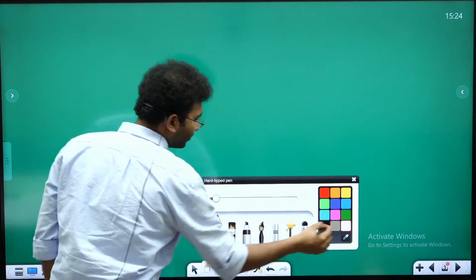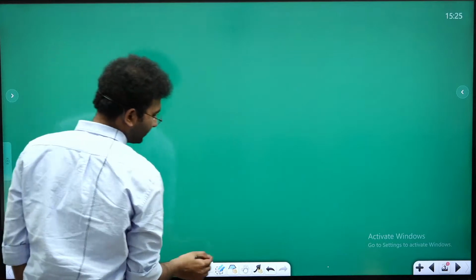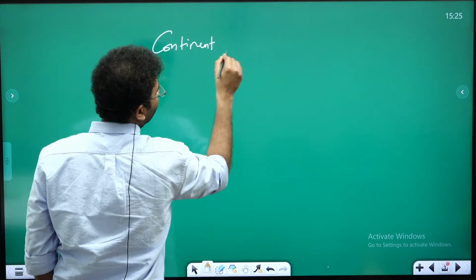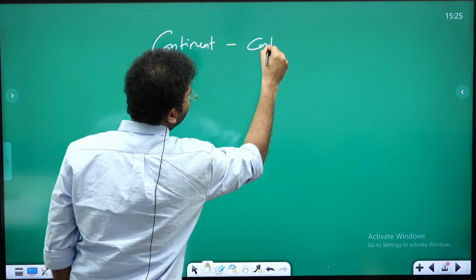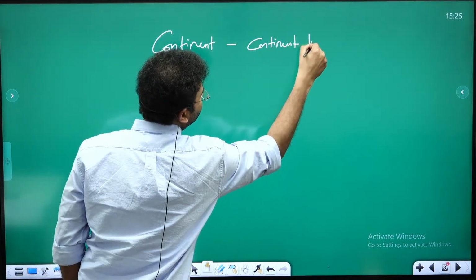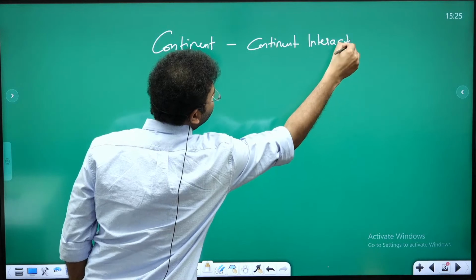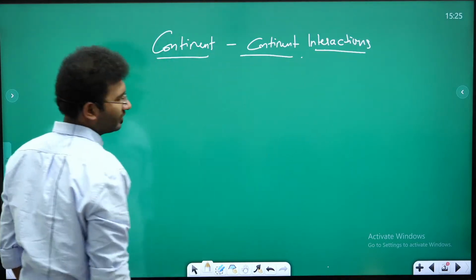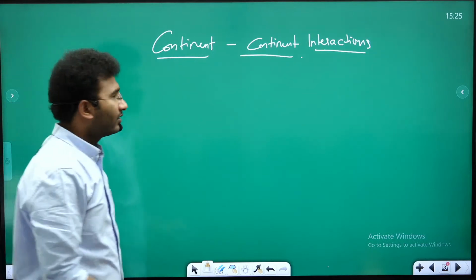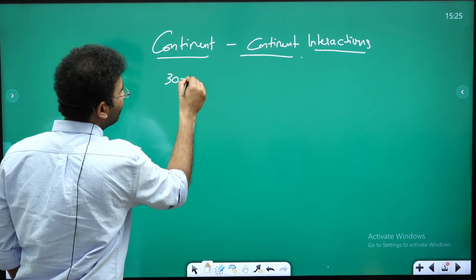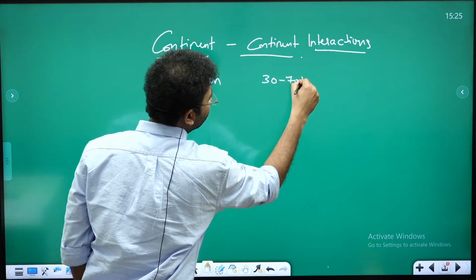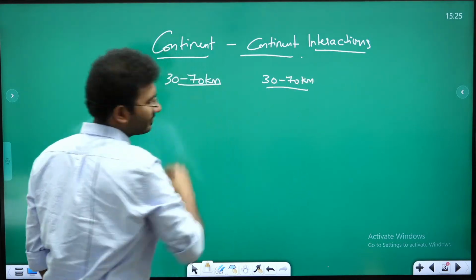Let's take the first one as continental-continental interaction, or the plate movements of continent and continent. See, the thickness can go up to 30 to 70 kilometers here, it depends on what kind of landform it is.